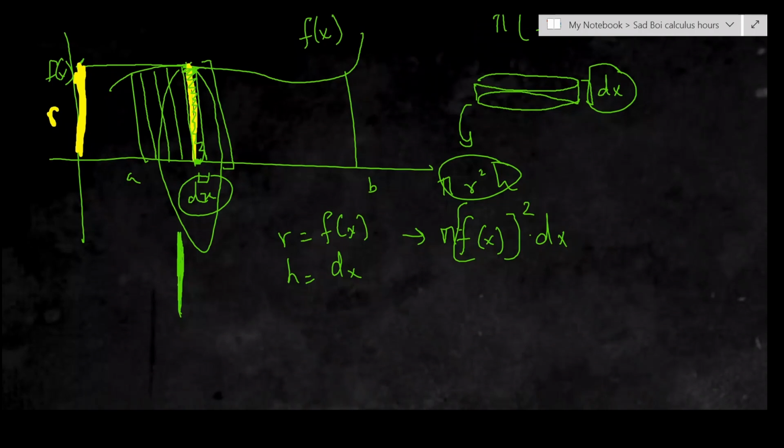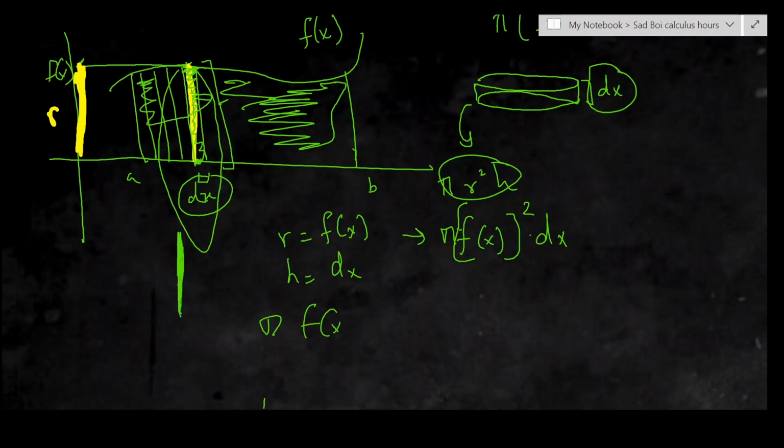Between the limits a and b, we make many such cylinders having a very minute height, and we add their volumes up, forming the total volume between a and b formed by the revolution.